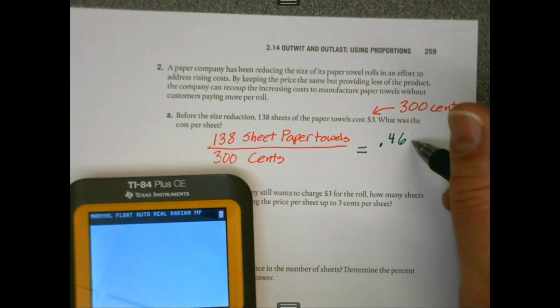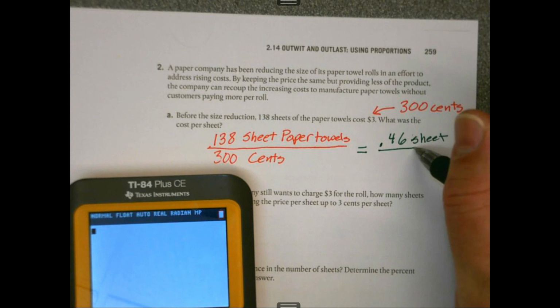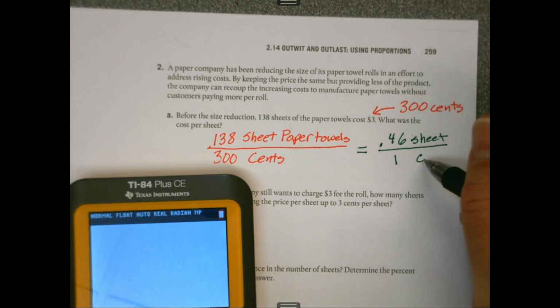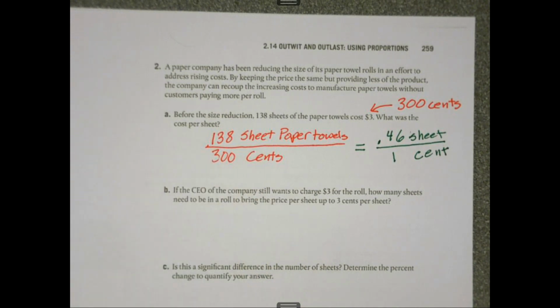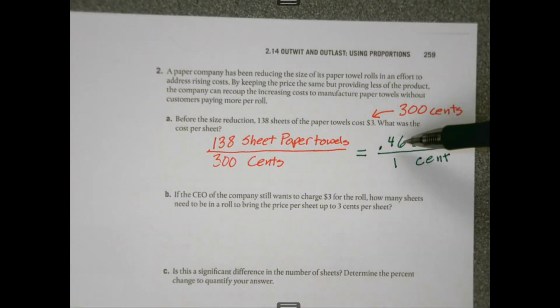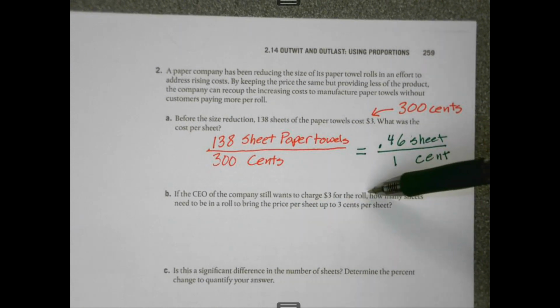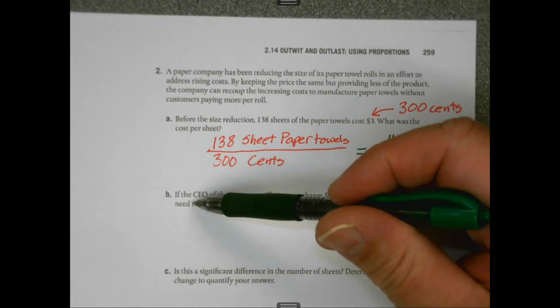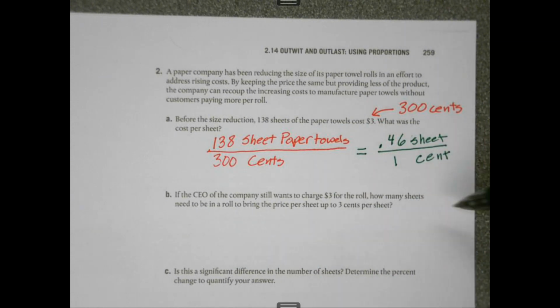Now, if the CEO of the company still wants to charge $3 for the roll, how many sheets need to be in the roll to bring the price per sheet to 3 cents per sheet? So we still have our 138 sheets that cost 300 cents.